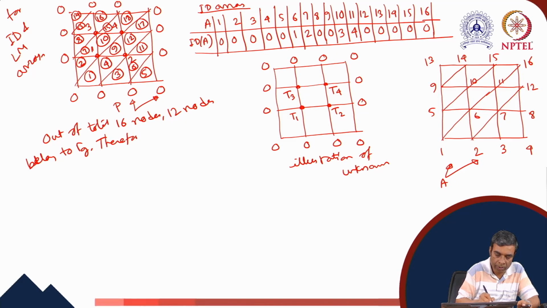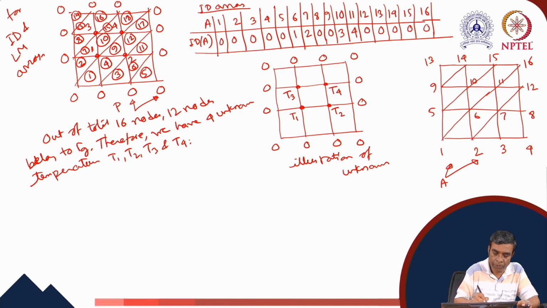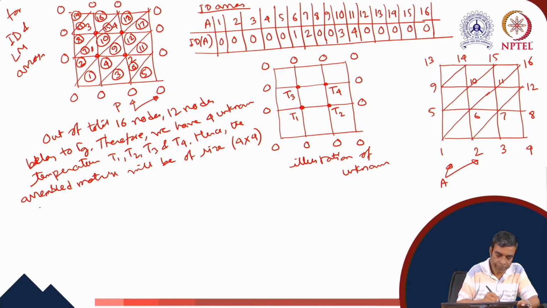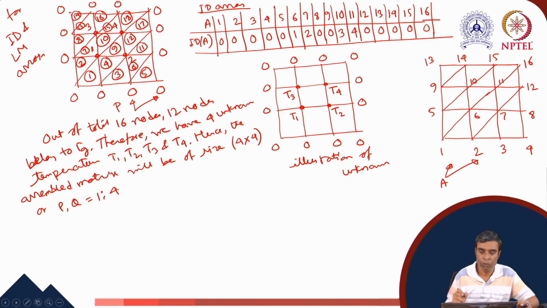Therefore, we have 4 unknown temperatures T1, T2, T3 and T4. Hence, the assembled matrix will be of size 4 by 4, or P and Q both vary from 1 to 4.